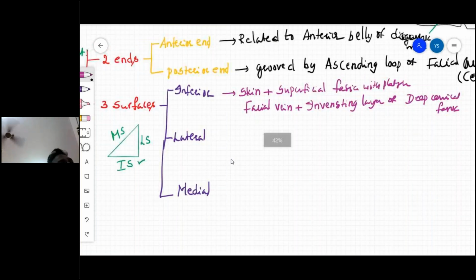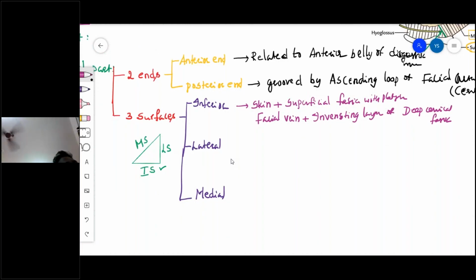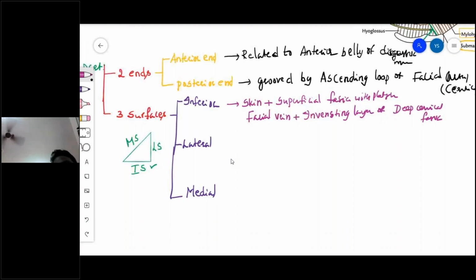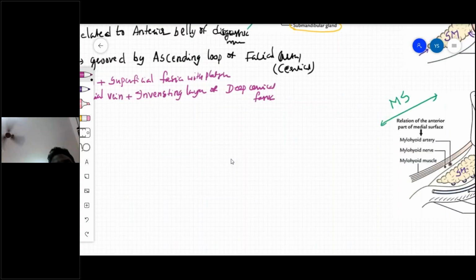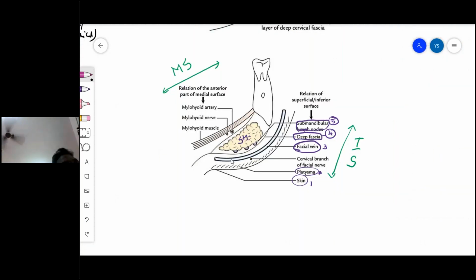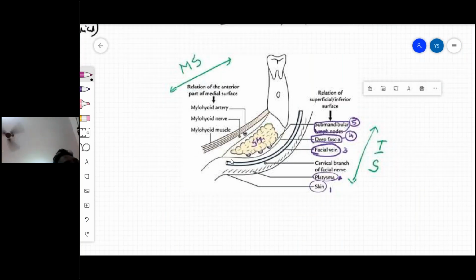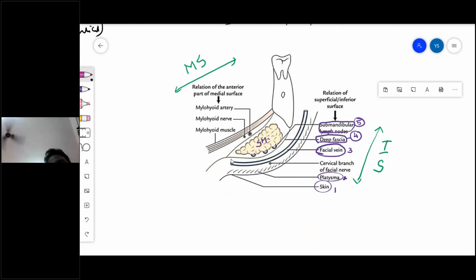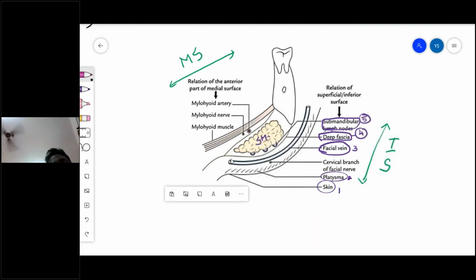And now we come to the relations of lateral surface. So in this picture, we can see the relations of lateral surface. But this picture is not clear for the relations of lateral surface, but instead of that, we can see medial surface relations.